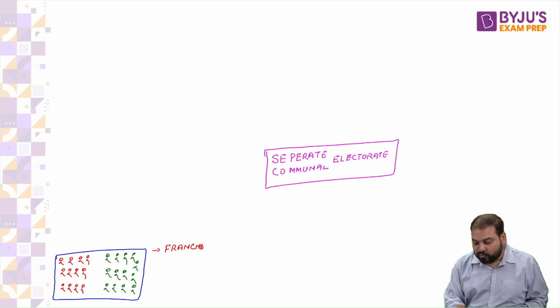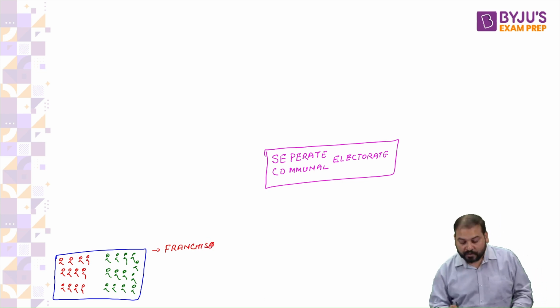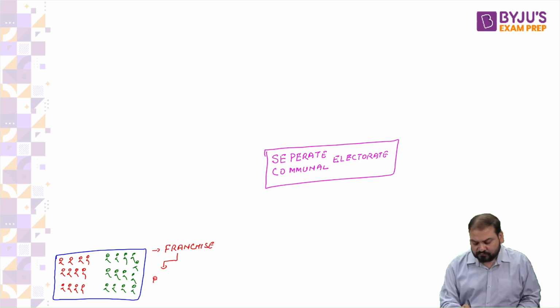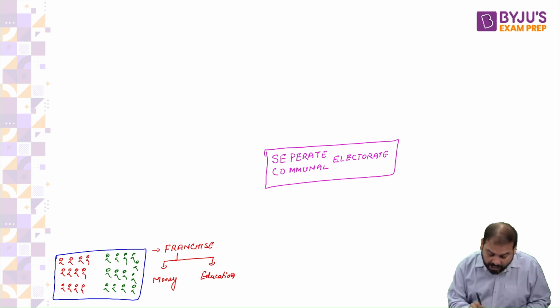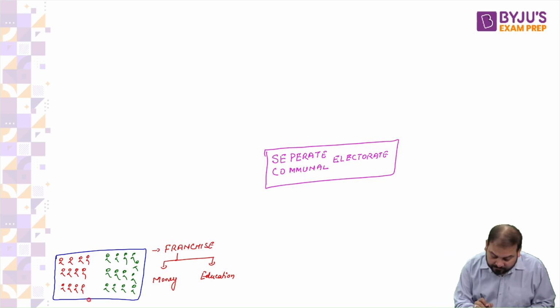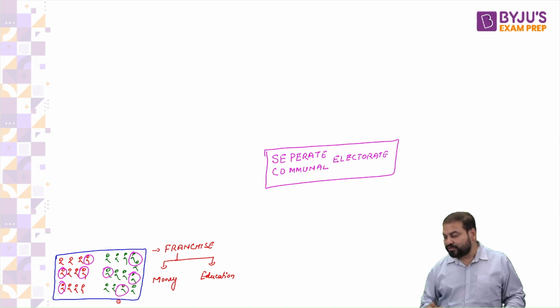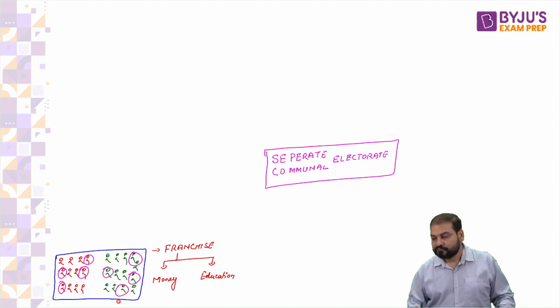So all of you please understand, those days franchise, that is who is eligible to vote, was dependent on certain criteria like income and your education. These were the criteria. So let's say out of these many people, 4 Hindus and these 4 Muslims are eligible to vote.